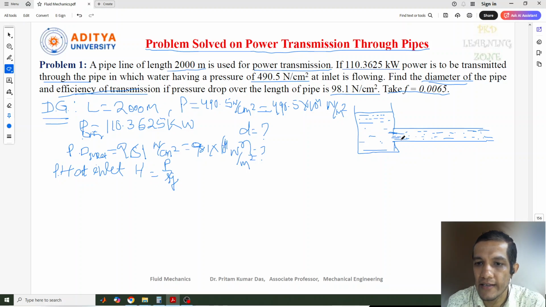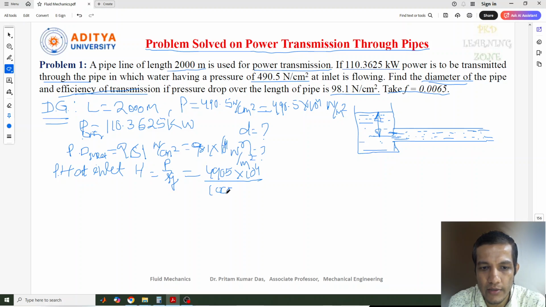The pressure head at inlet means at this inlet part, what is the pressure head situated at this point, in terms of H. So H equal to P by rho g, with the intensity of pressure, density and gravity. Here the pressure value is 490.5 into 10 to the power 4, divided by rho, which is 1000, into 9.81. If you calculate this, we'll get the value.